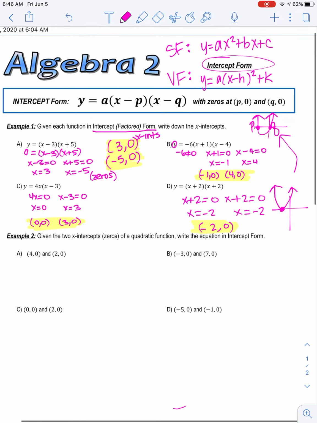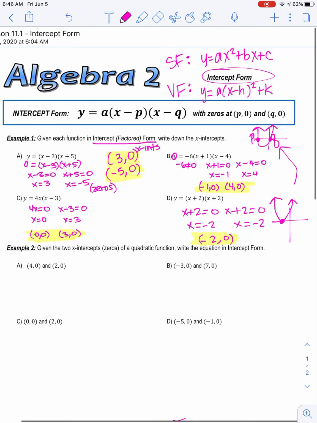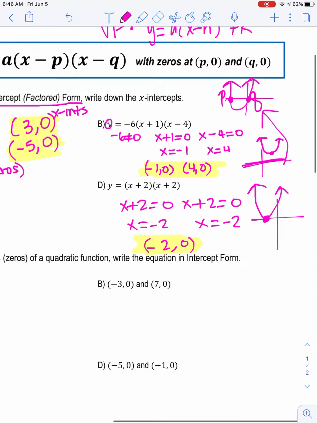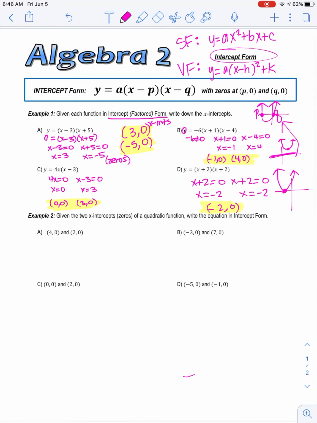It is also possible, as a third situation, to have a parabola where the vertex is above the x-axis and it opens up and doesn't touch the x-axis at all. So every parabola has 0, 1, or 2 x-intercepts. Most of the problems we will give you have 2, but it is possible to have only one like part D, or to have 0.